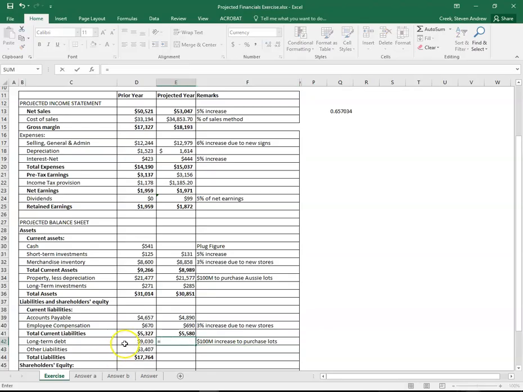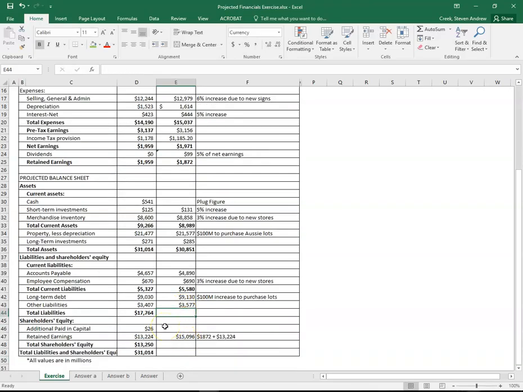So we just need to add in 100 million here. Other liabilities, perhaps that'll go up again. Let's just keep with that 5% since it's pretty simple for example's sake. And then we can figure out our total liabilities.